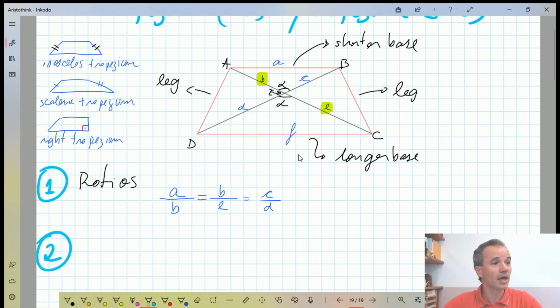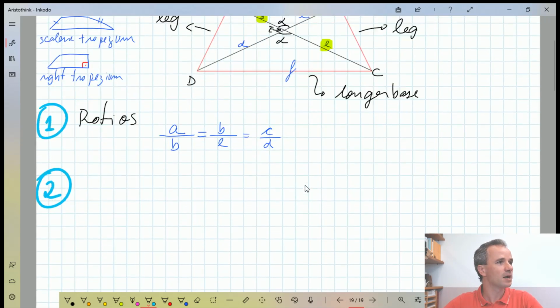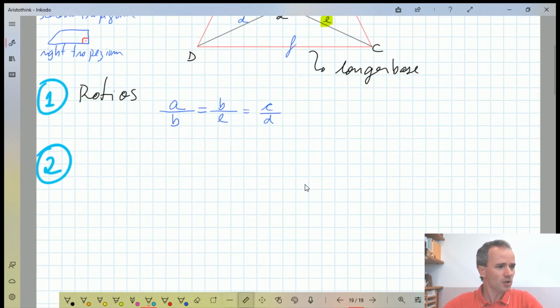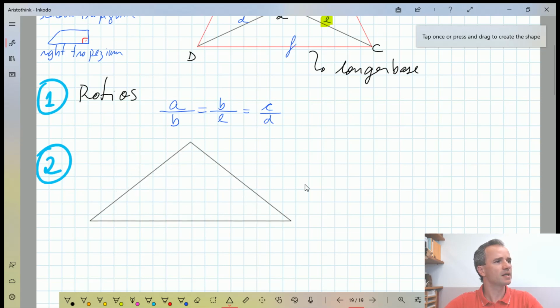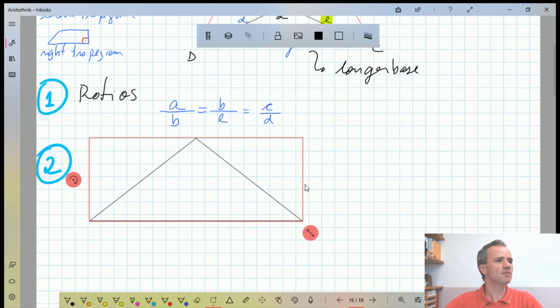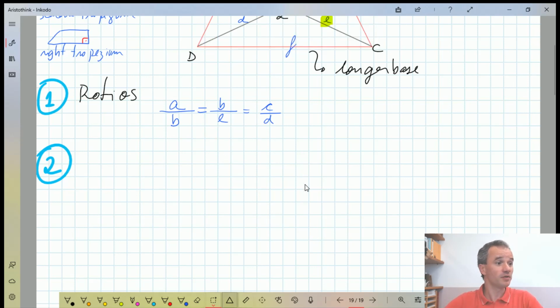Now let's talk about area. For that I'm going to draw a triangle. I'm not going to worry about drawing a perfect triangle, but let me try to make something nicer. The reason I didn't want to draw a triangle like this is because I want to draw a very different triangle.